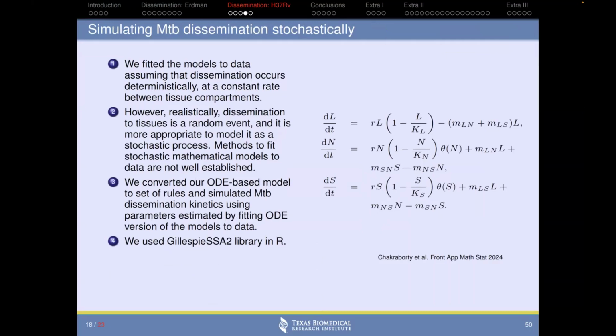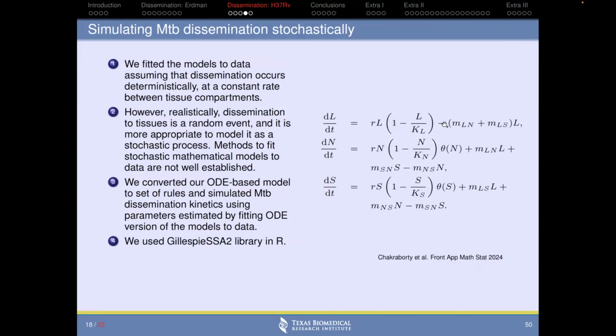One of the things that is a little problematic in this approach is that when we fitted models to data, we assumed that dissemination occurs in a deterministic manner because we used a system of differential equations.